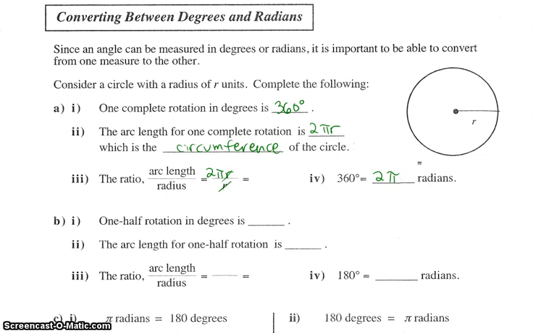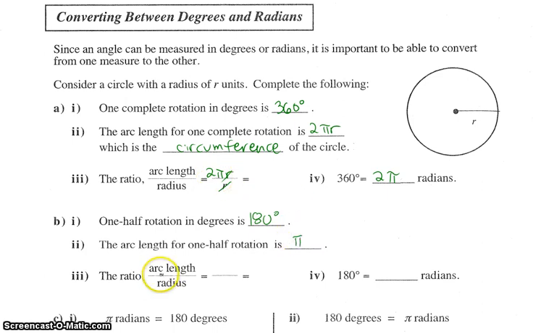Half the rotation in degrees would be 180 degrees, half of 360, and the arc length for half a rotation would be half of 2 pi, which is pi.